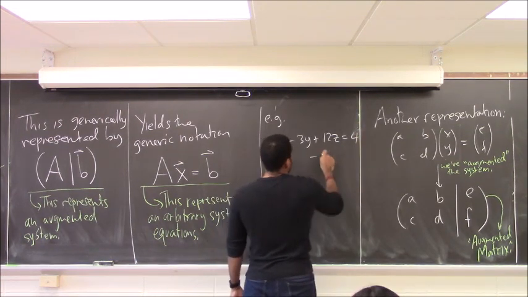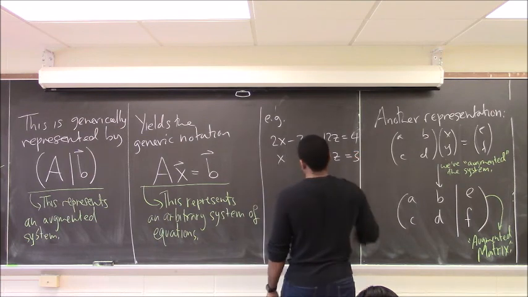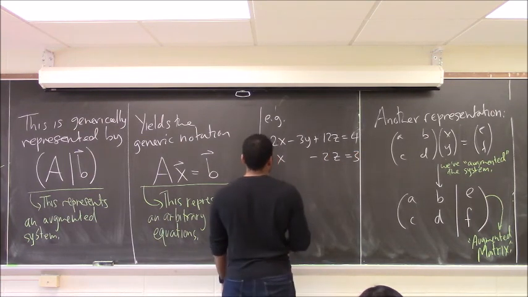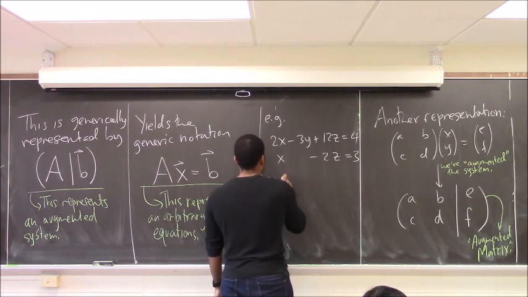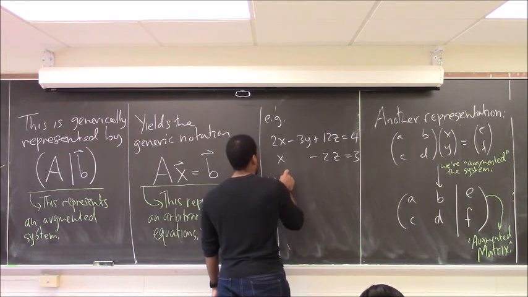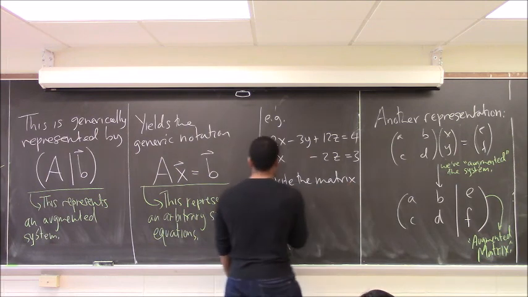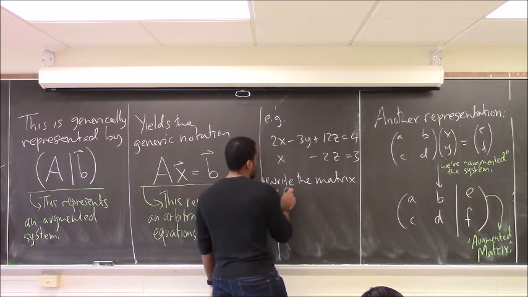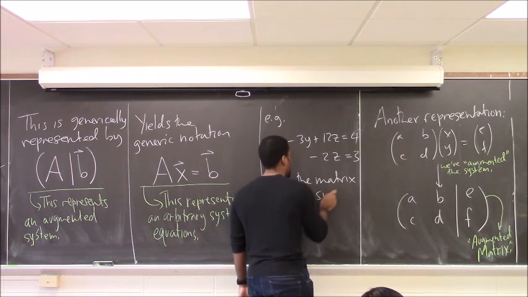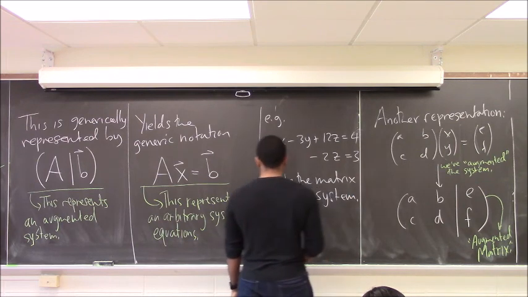And x minus 2z equals 3. Write the matrix equation. And the augmented system.